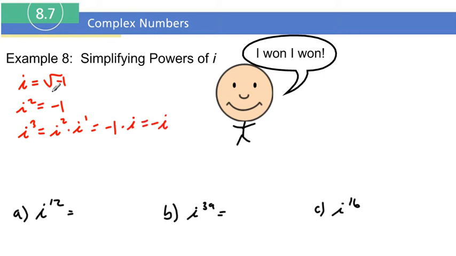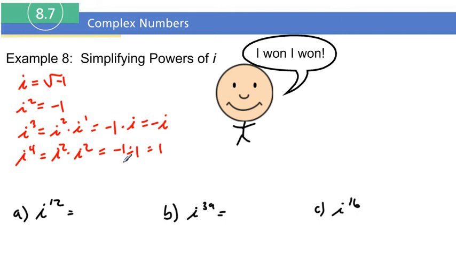So we can say that i is the square root of -1, i squared is -1, and i to the power 3 is just -i, or you could also write this as negative square root of -1, because i is the square root of -1. And then we can say i to the power 4 is i squared times i squared. I squared is -1, so -1 times -1 is going to give us a +1.